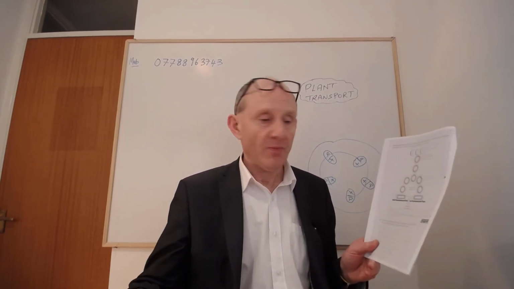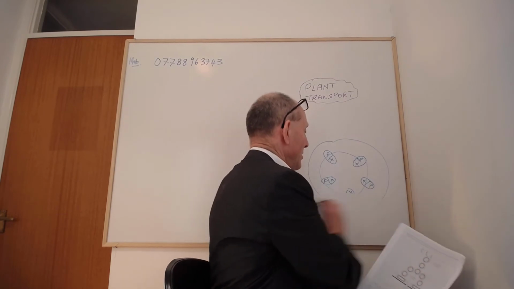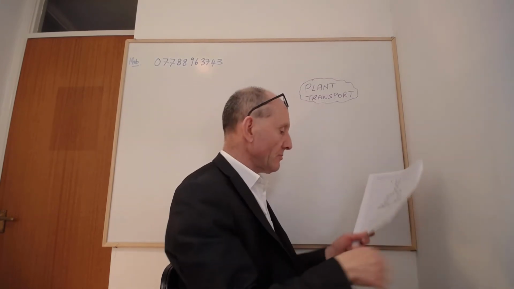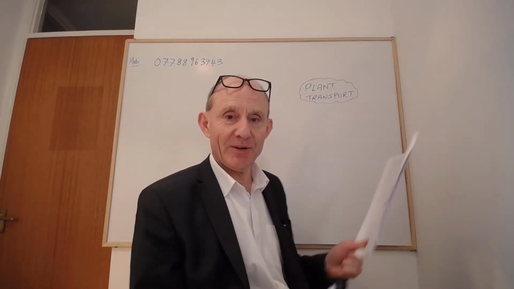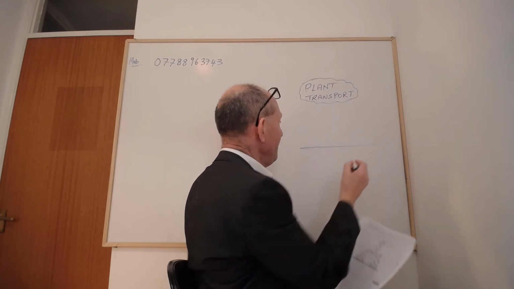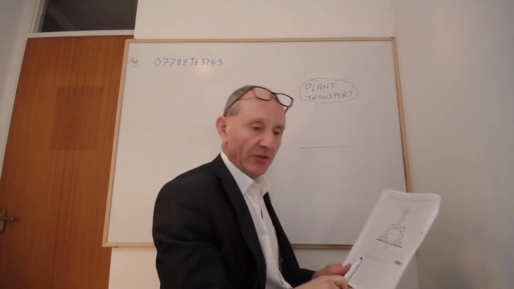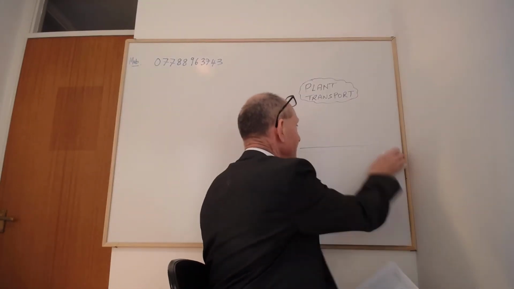And essentially, this diagram is a cross section of a leaf. I suppose I should do a leaf in green here. That's the top of the leaf, the upper epidermis, and then you have palisade cells, spongy mesophyll cells, and so on.